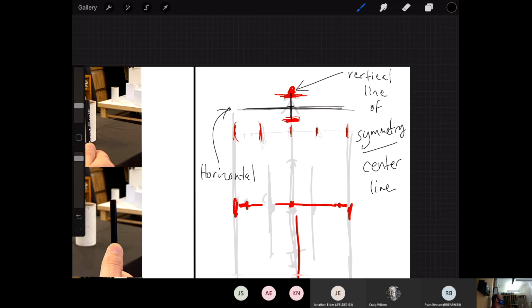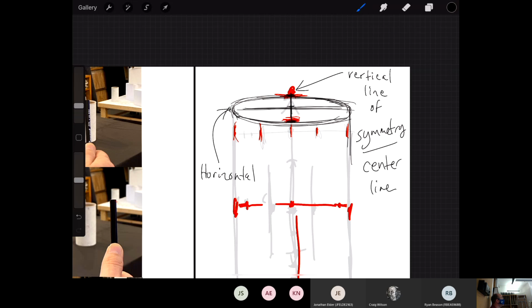Does that make sense? All right, so as I'm drawing, what I'm determining to do is fit my ellipse within the boundaries of the side here and the boundaries of the height that I've determined with that vertical center line.